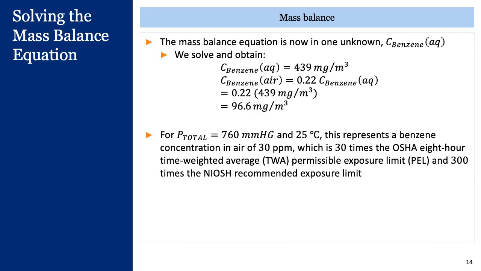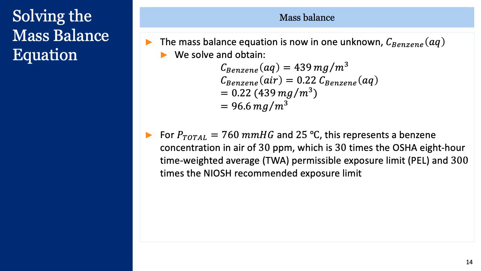When we solve for C benzene aqueous, that comes out to 439 milligrams per cubic meter. Then we can calculate the C benzene in air, which is 0.22 times C benzene in the liquid. That comes out to 96.6 milligrams per cubic meter.